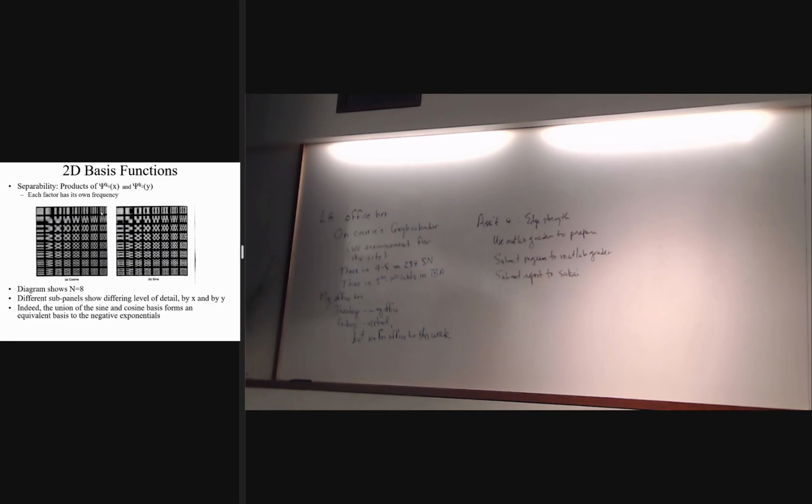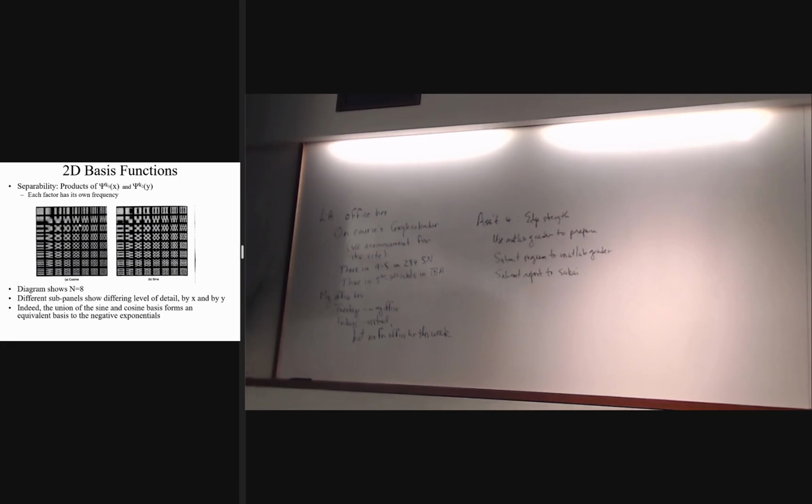So these are all organized by frequency, yep? Higher and higher frequencies in X. This way is higher and higher frequencies in Y, right? So again, in Y, you get a cosine with a full period, and then the period is a third and a quarter and a fifth, and so on, a fifth of the image width.